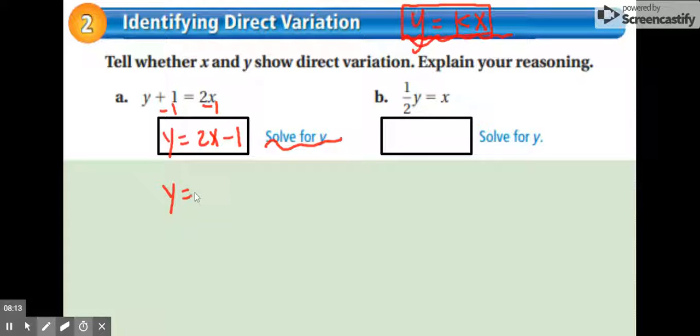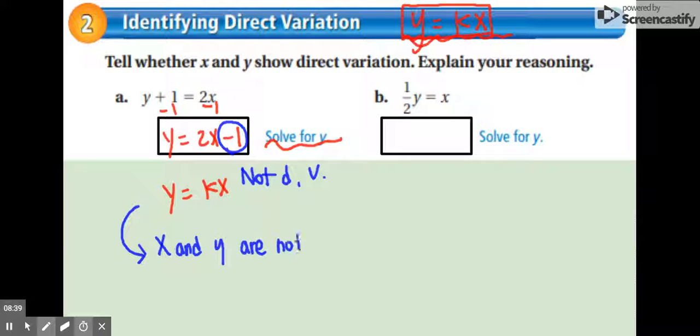Is it y is equal to kx? Can you say this is direct variation? x and y do not vary directly because of this term. So it's not direct variation.